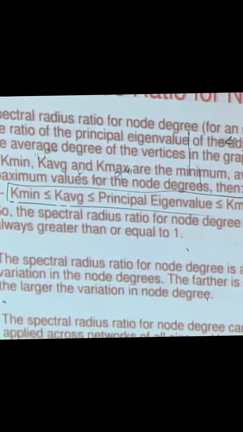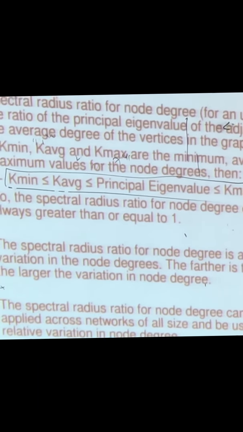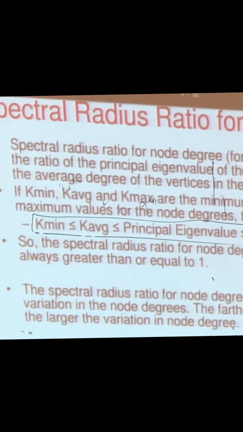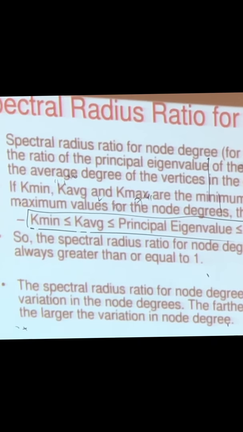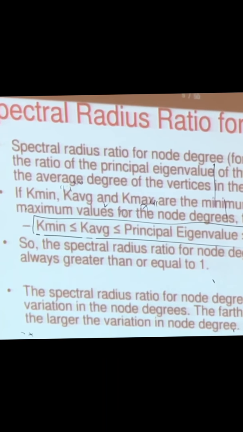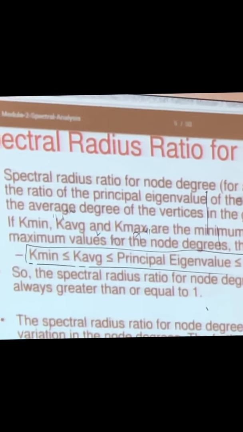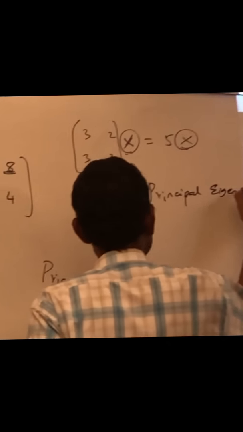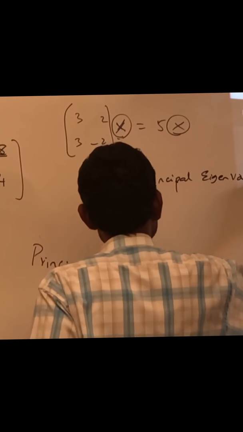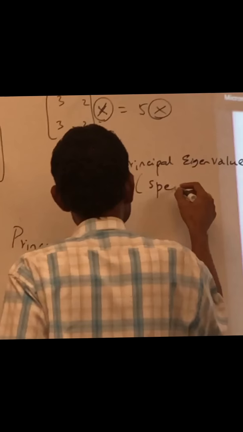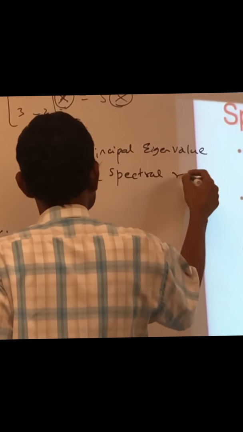By the way, the principal eigenvalue also has another name: it is called the spectral radius. Several names: principal eigenvalue, the largest eigenvalue, also called the spectral radius.